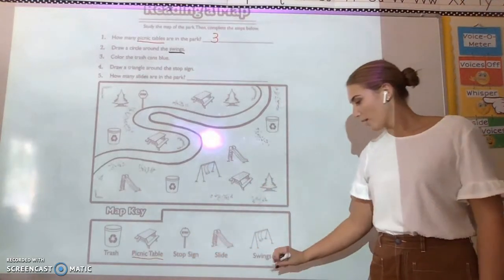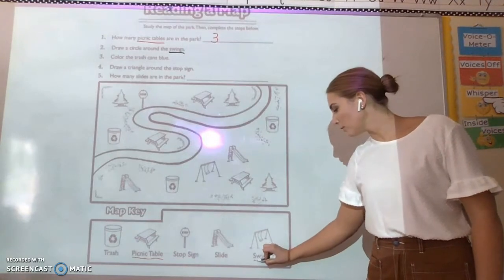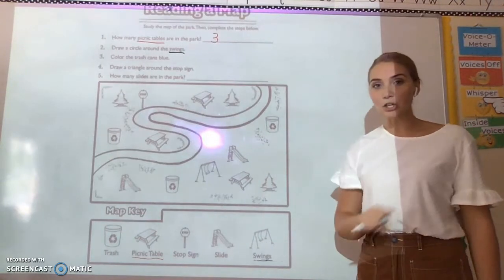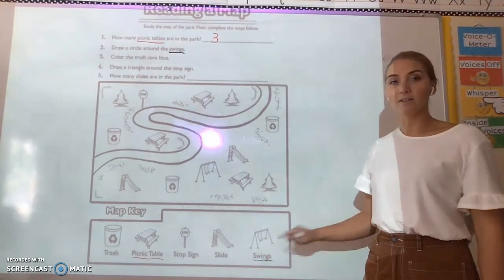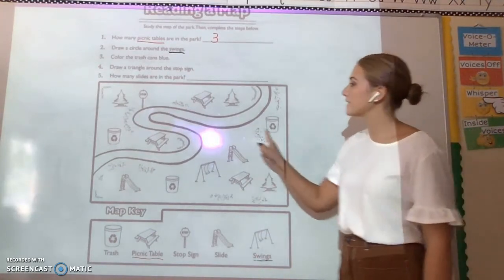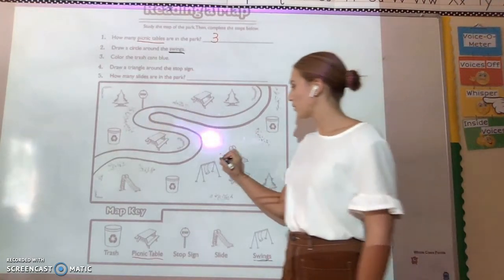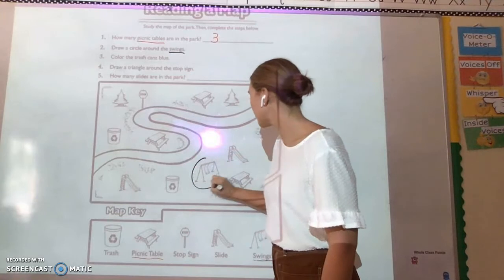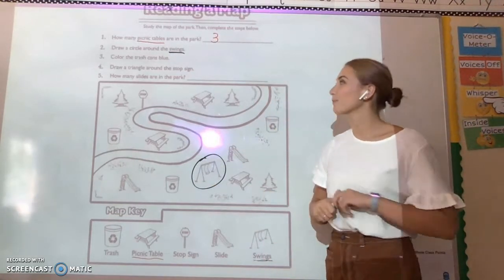There it is. So I'm going to draw a circle around every picture of the swings. So let's find them. There's only one. So the instructions told me to draw a circle.